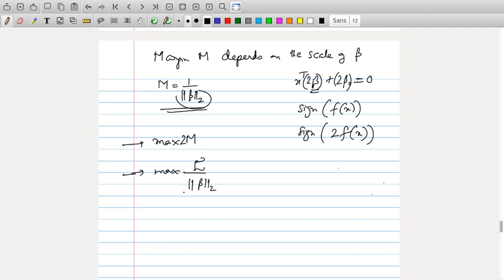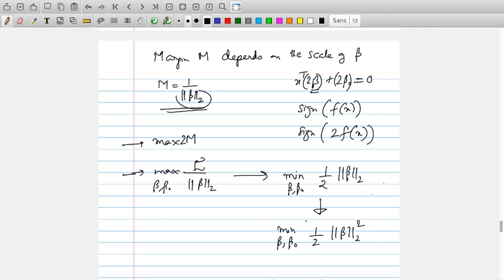And maximization over beta and beta naught of something like this is the same as minimizing over beta and beta naught of 1 by 2 norm of beta squared.